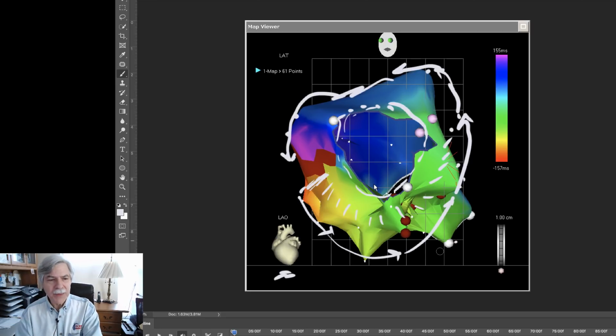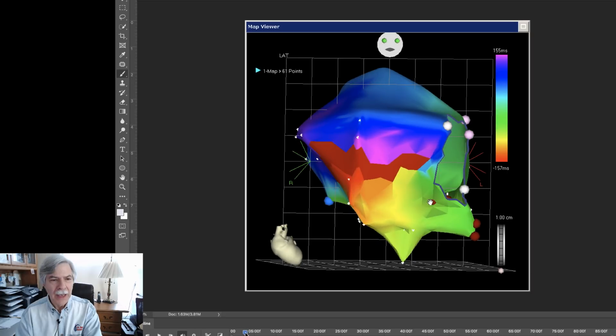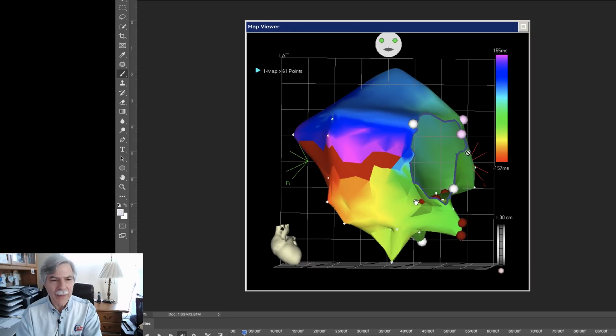Now, how do we interrupt the circuit? Well, let me get rid of this drawing first, and then I can rotate this little map. Okay, and now I've rotated this three-dimensional map so that we're looking at the side view with the right ventricle over here.